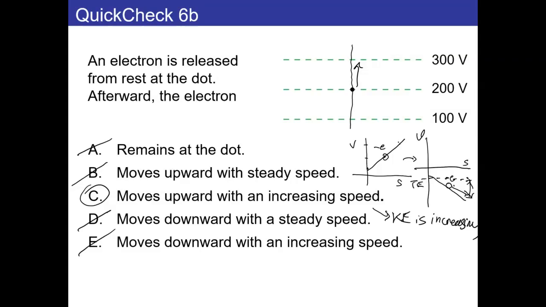So it's a lower energy state up here, and the particle is going to tend towards lower energy, so it's going to go upwards. But then as it goes upwards, because its potential energy is now dropping, the kinetic energy has to increase because the total energy is constant, and therefore it's got to be speeding up. That's the logic.